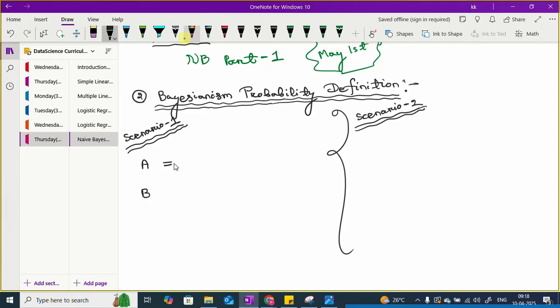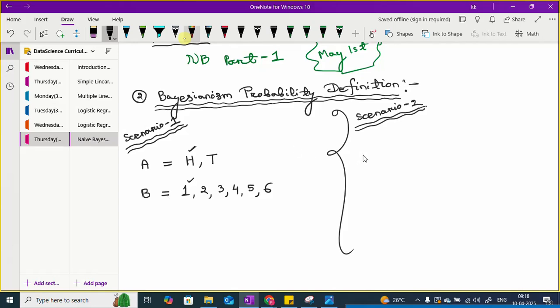Whenever A is tossing a coin, obviously either head will come or tail will come, but it's telling head is coming. Okay, fantastic. Now B is rolling the dice. You know that Ludo or that indoor game, right? Rolling the dice, basically the outcome may be 1, 2, 3, 4, 5, or 6 also. It's telling that he or she is getting 1. Okay, fantastic. This is the one scenario.